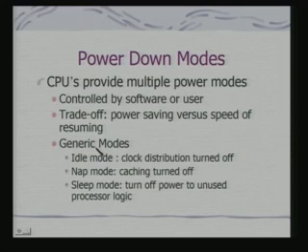The generic modes that you find in many of these CPUs are idle mode, nap mode, and sleep mode. Idle mode is where the clock distribution is turned off, so this is basically clock gating. Nap mode is typically where caching is turned off, your cache memory is put off, and typically this relates to your on-chip cache mostly.